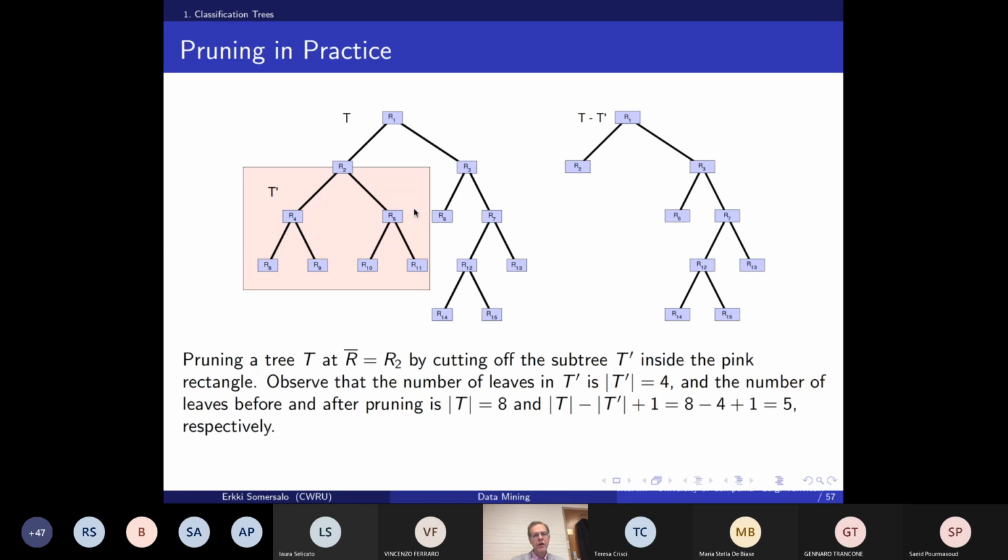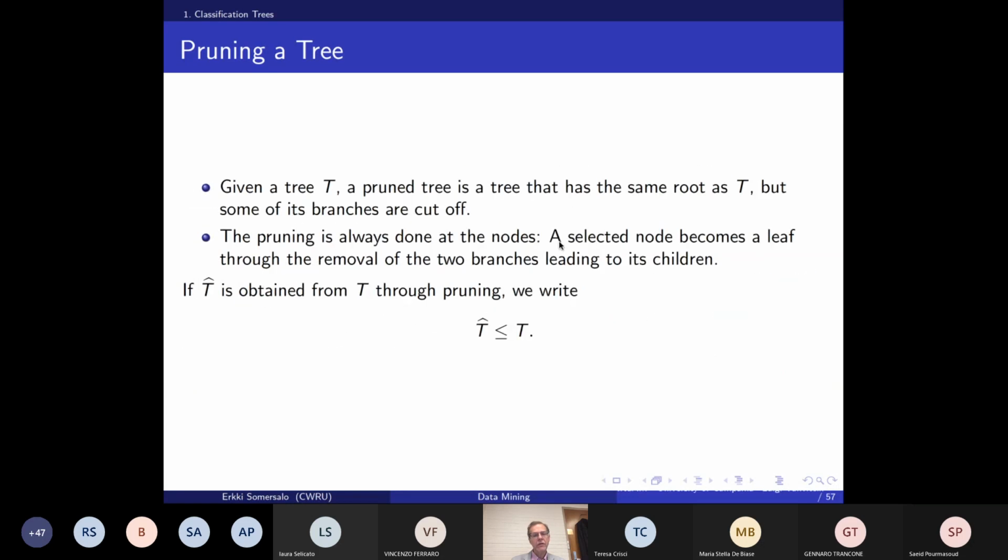So here's the picture. R2 is not a leaf because it has offspring. So the leaves here are 8, 9, 10, 11, 14, or 6 also, 14, 15, and 13. So R2 is not a leaf. When I prune at R2, R2 becomes a leaf. So now it is a leaf. So the selected node where you cut becomes a leaf because you take off both offsprings.